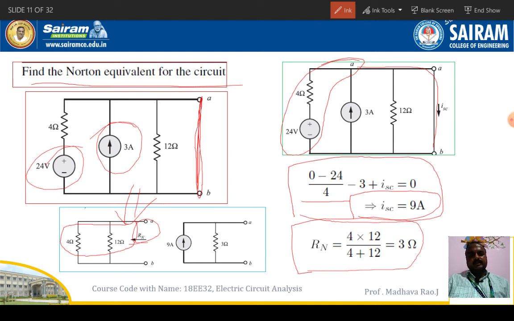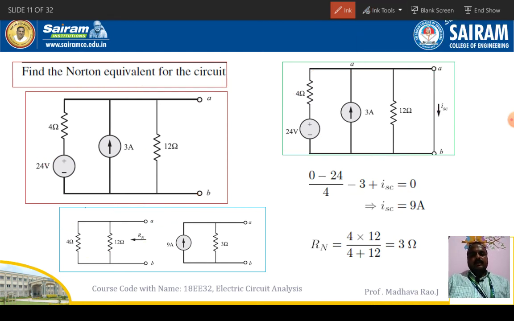According to Norton's equivalent circuit, the current source will have a parallel resistance. The 9 amperes and 3 ohm are parallel. So this is the Norton's equivalent circuit. Like this, we have to find out all the problems.